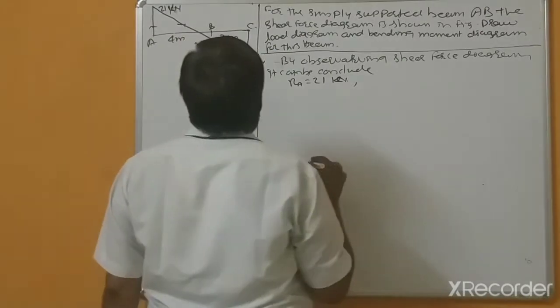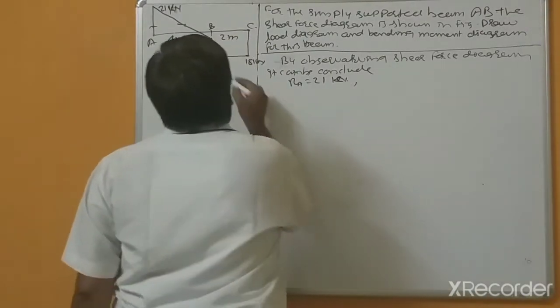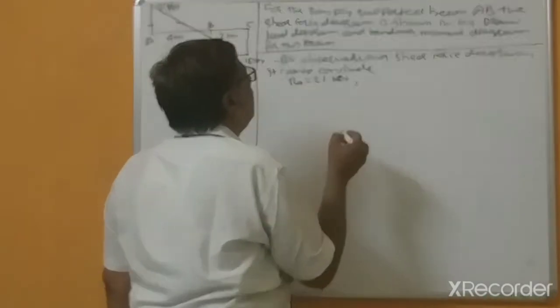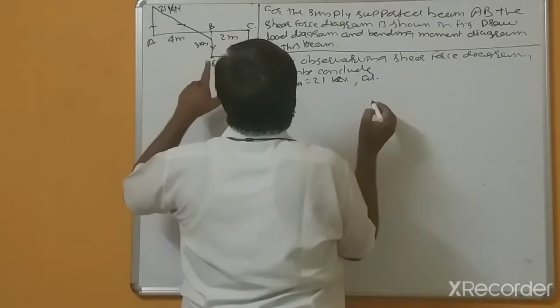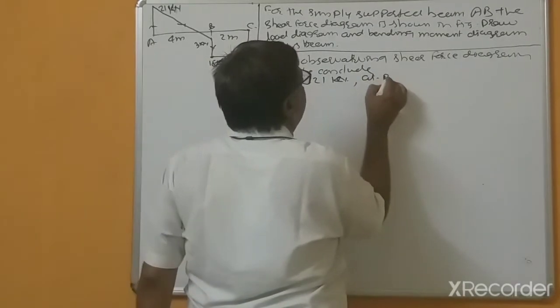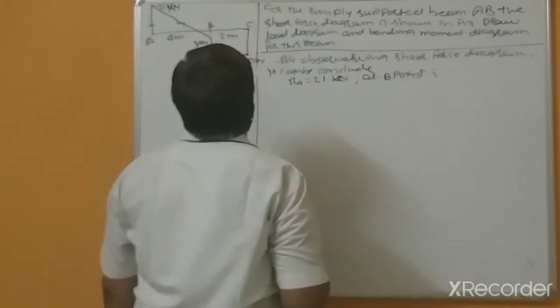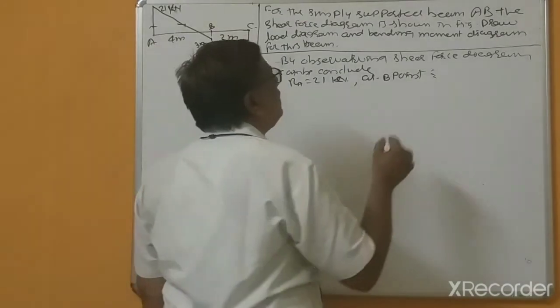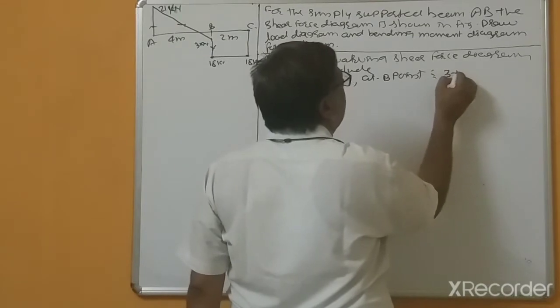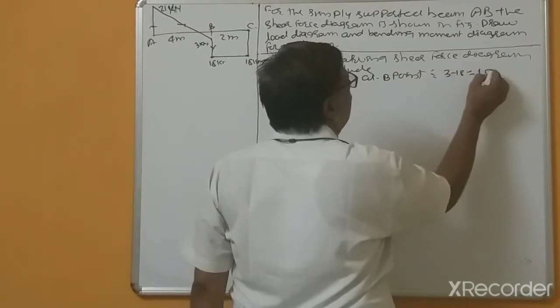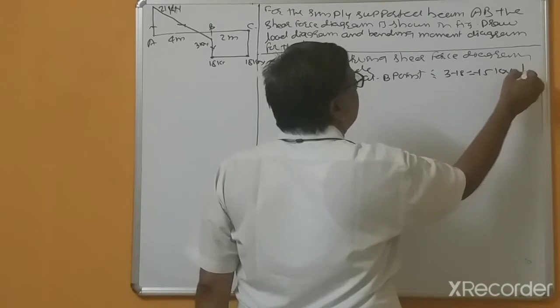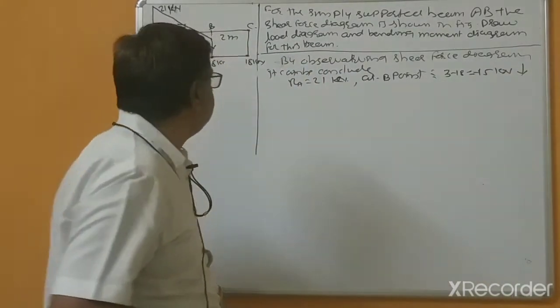So that's why at B point, because this is on a vertical line, at B point (18 minus 3) or 3 minus 18 equal to 15 kilonewtons, and this is downward force.